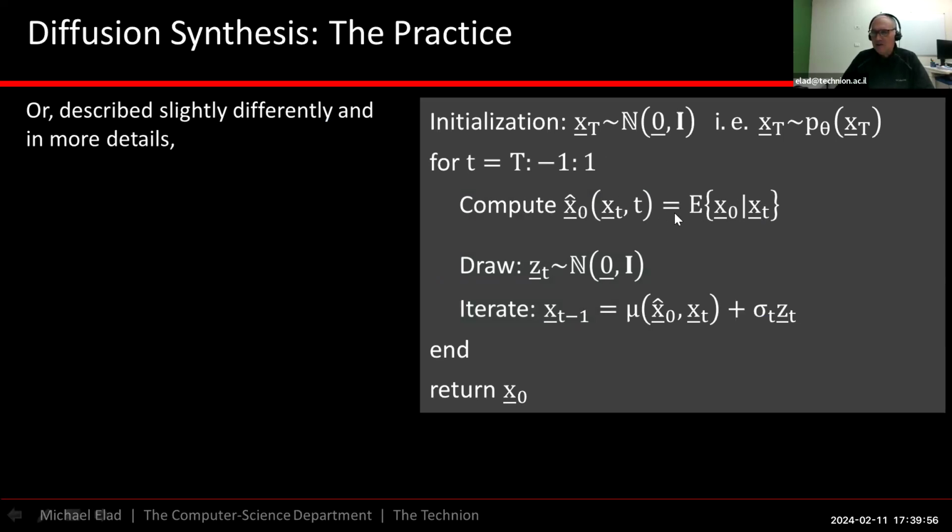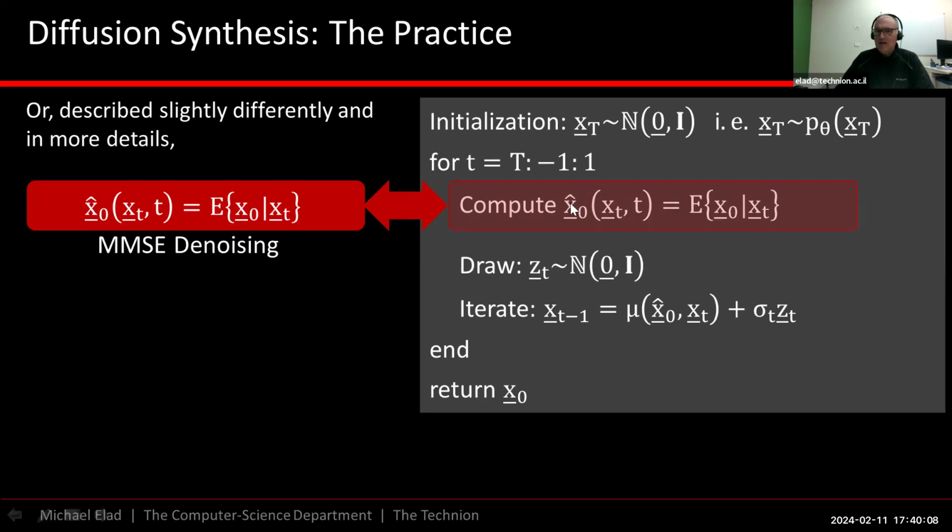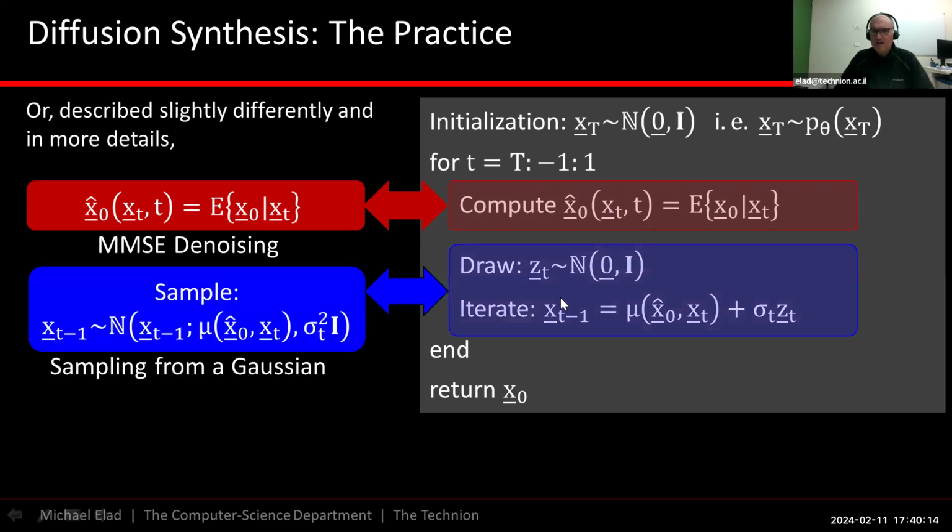You apply a denoiser, you compute the mean of that Gaussian with that denoised image, add some noise with proper coefficient, and this is your algorithm. Okay, so this is an MMSE denoiser. It doesn't have to be MMSE, but it will be some sort of a good performing denoiser. And this is the actual sampling from this Gaussian that we are familiar with.